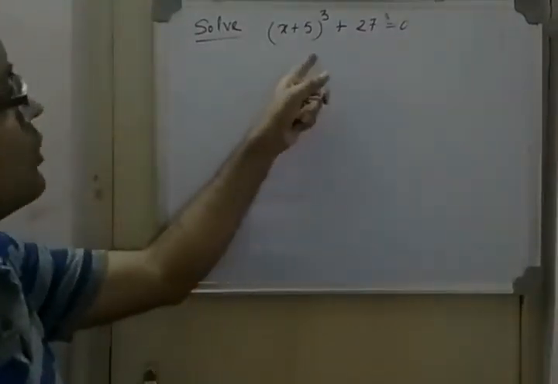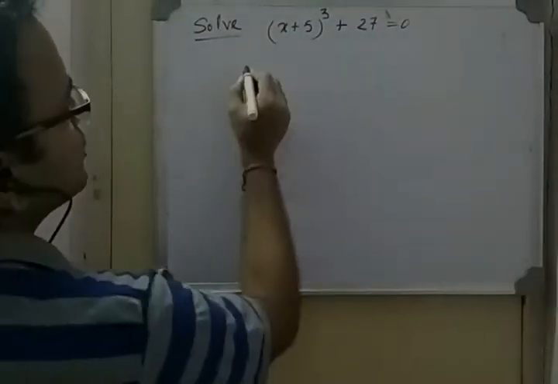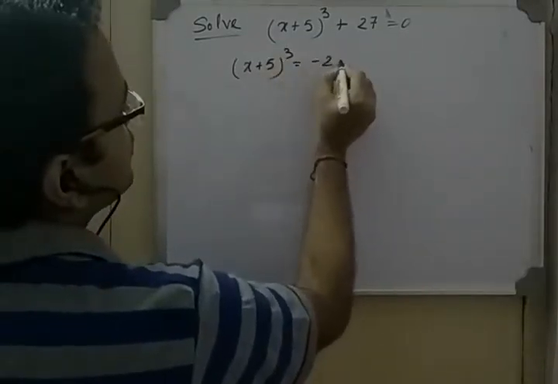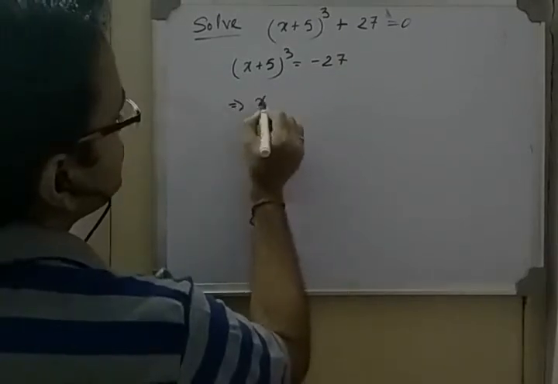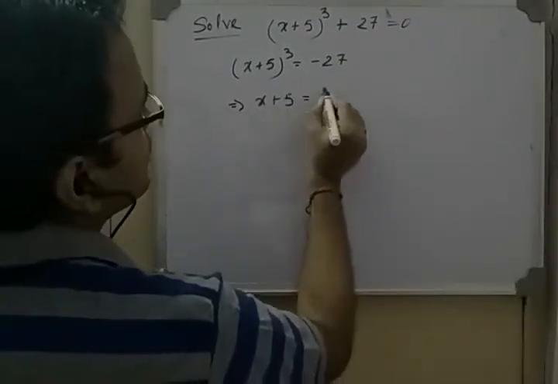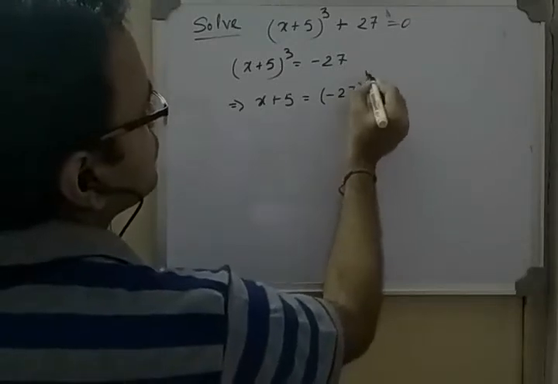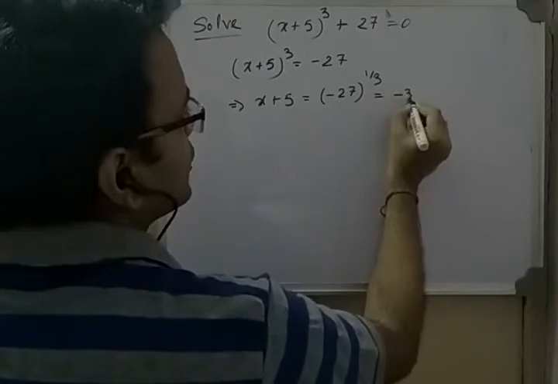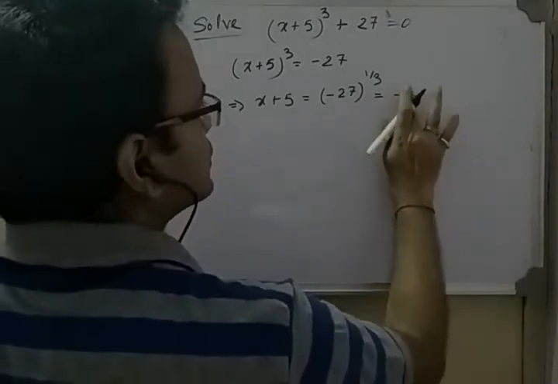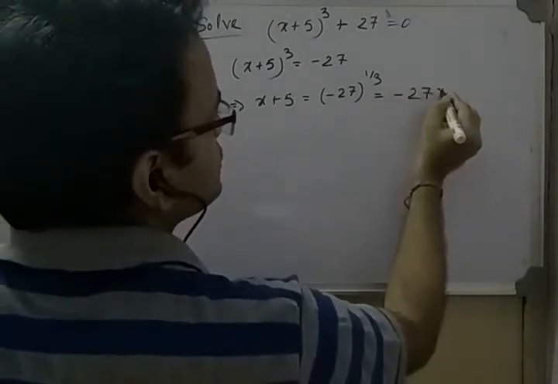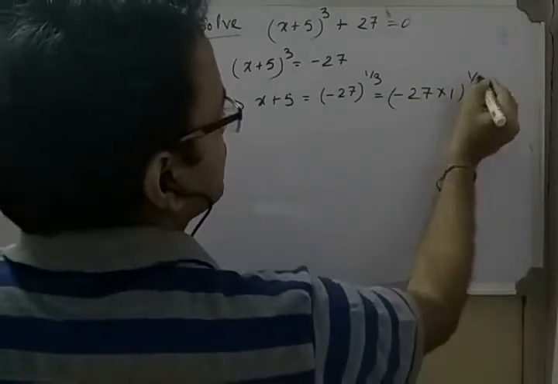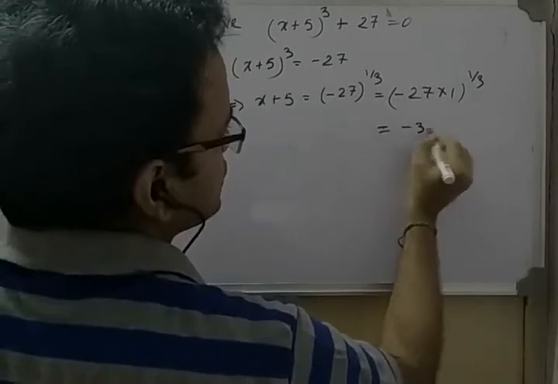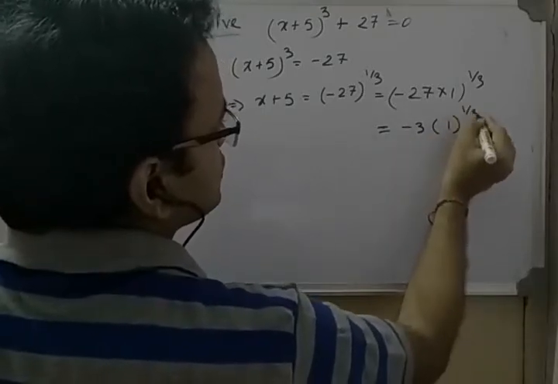See, now we have to solve this problem. So how can we go about this? We will write this equal to minus 27. So x plus 5 will become minus 27 to the power 1/3. Okay, so we will take minus 3, we can write it like this, to the power 1/3. Then from minus 27 to the power 1/3 I will get minus 3 out and 1 to the power 1/3.